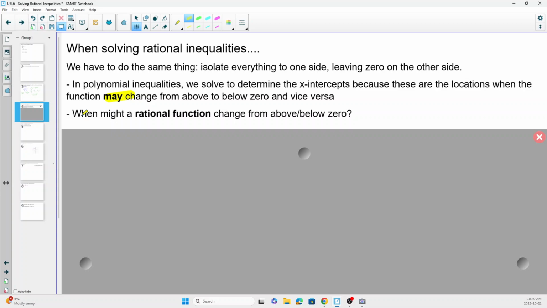So I want you to think about, when might a rational function go from having positive function values to negative function values, or vice versa, go from being above 0 to below 0. So if we think about a rational function, let's just draw a sketch of one.